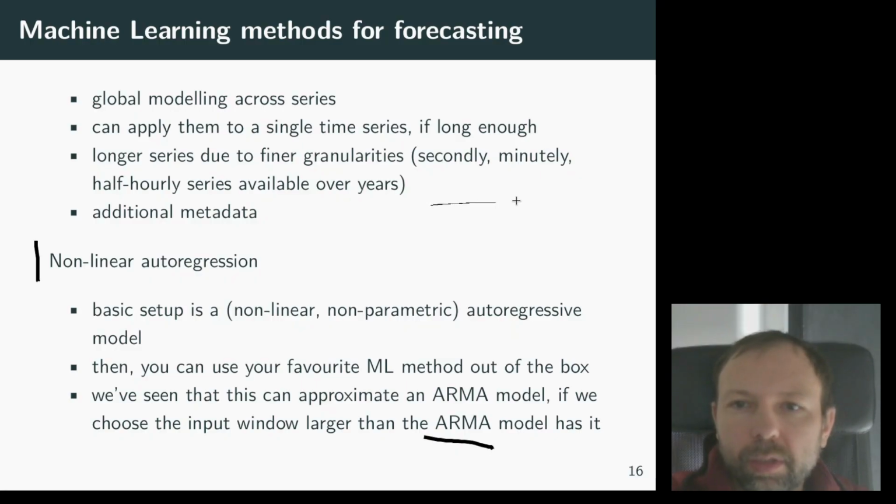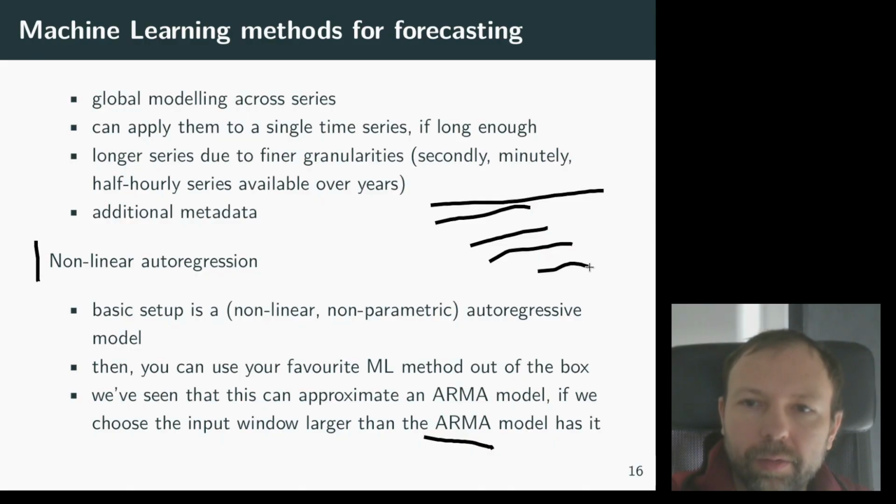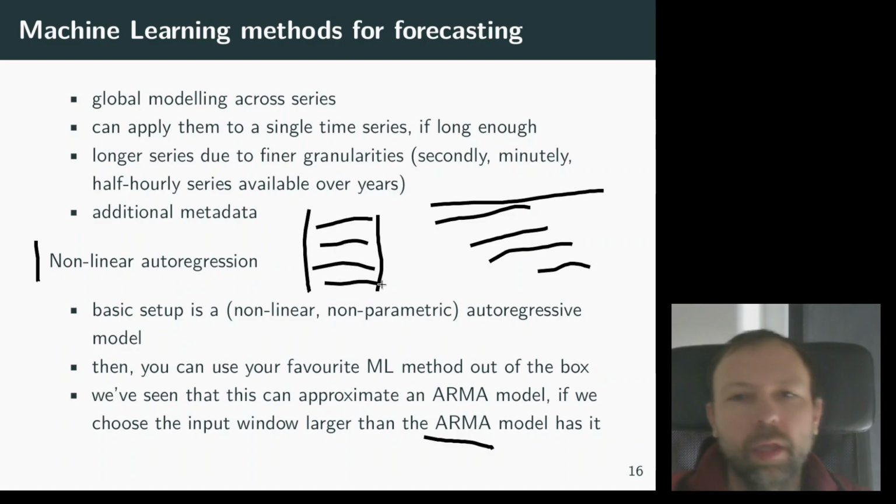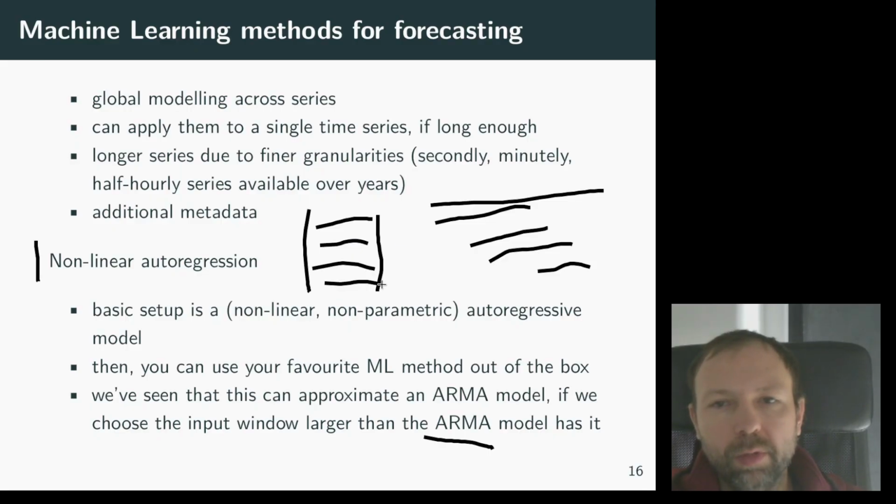You just do your windowing over your time series. That way you build this time embedded matrix, right? So you get all of these windows. And now, well, let's just train a LightGBM, gradient boosted tree, or feed forward neural network, and no problem, right? But this MA part, what can we do with it?